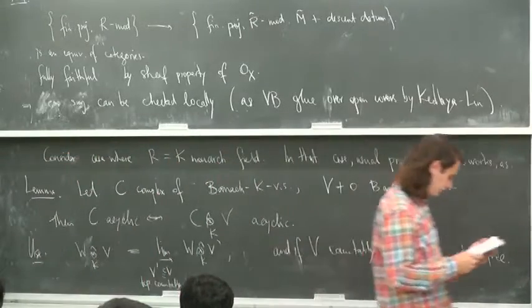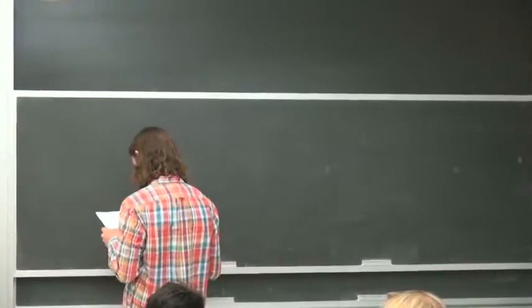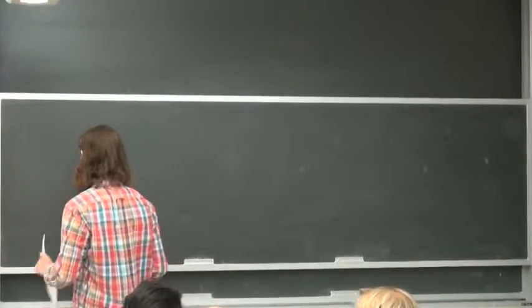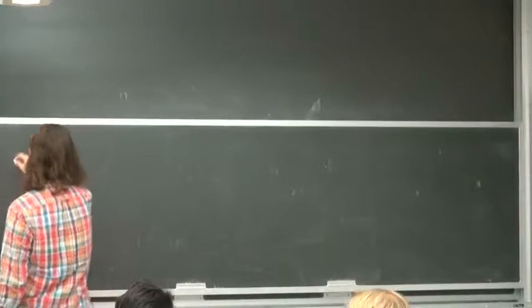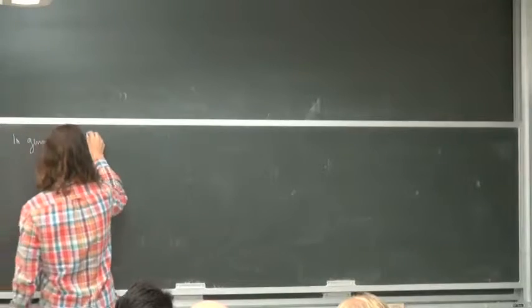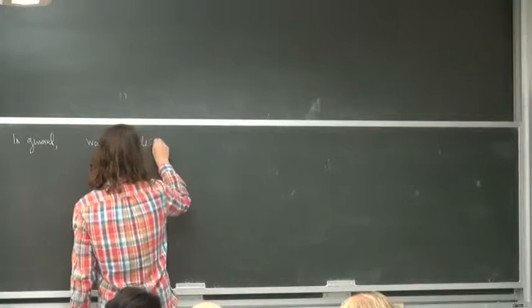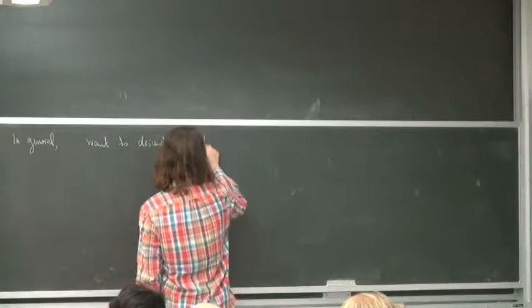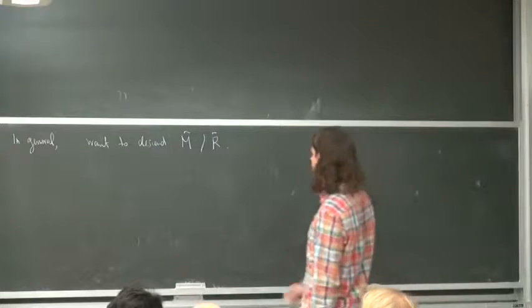Okay, so this means that at a point we're fine, and so now consider the general case. In general, we want to descend some M tilde, and let me actually assume it's free, and you can do that.